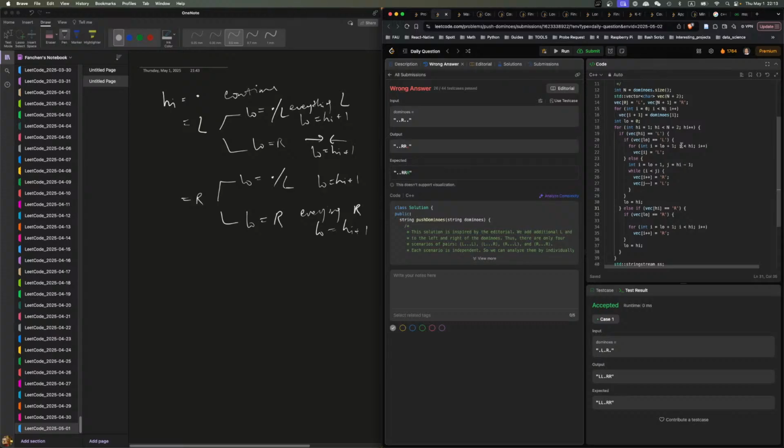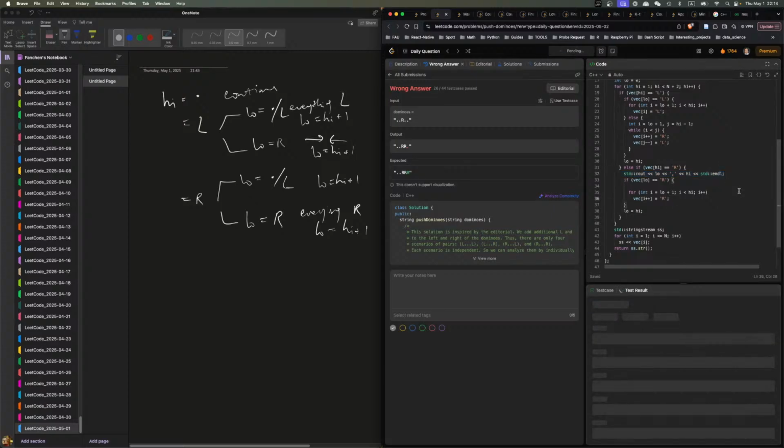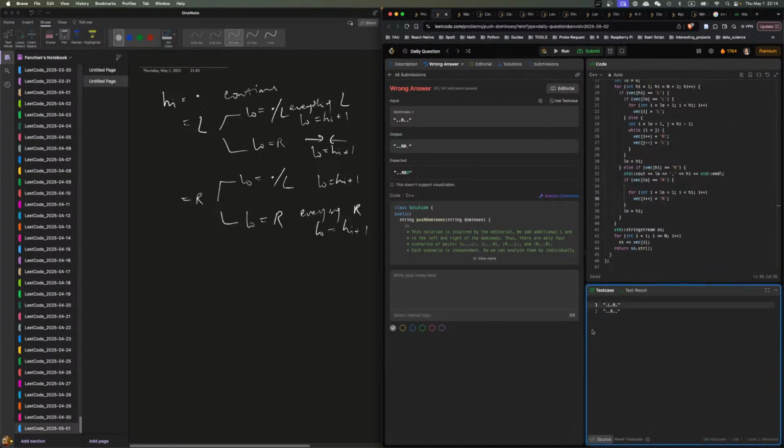So low is pointing to a left, right? So hit R, and then this comes in as R. And then high keeps moving, and a high hits another R. Then we need to fill up. It's the same question. Oh, my bad. Use this test case.